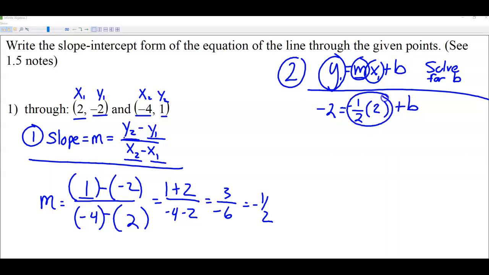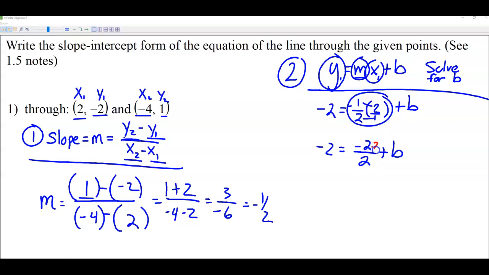So I need to multiply these 2 things together first. You can think of the 2 as 2 over 1. And you're just going to do top times top and bottom times bottom. Okay. Then we're going to multiply everything by 2, because I don't like having that 2 in the denominator.